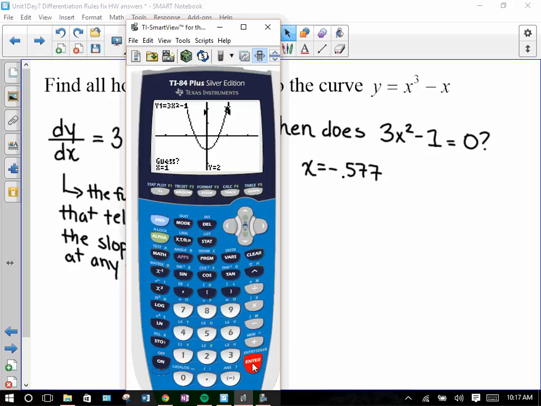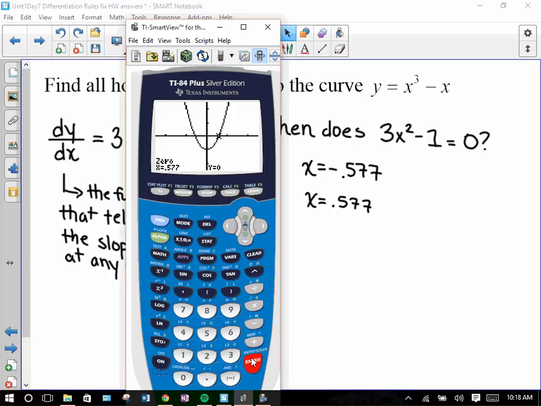Enter. So 0.577. So what we know is that there are going to be horizontal tangents at x equals negative 0.577 and x equals 0.577.